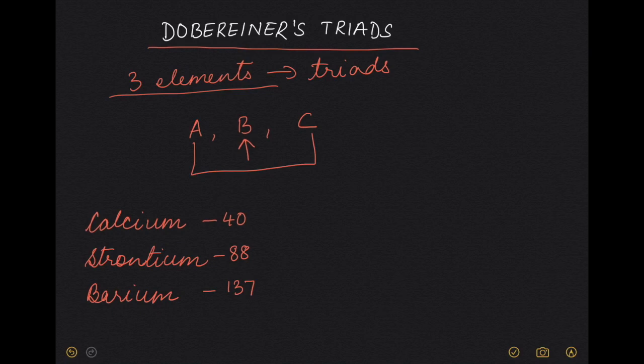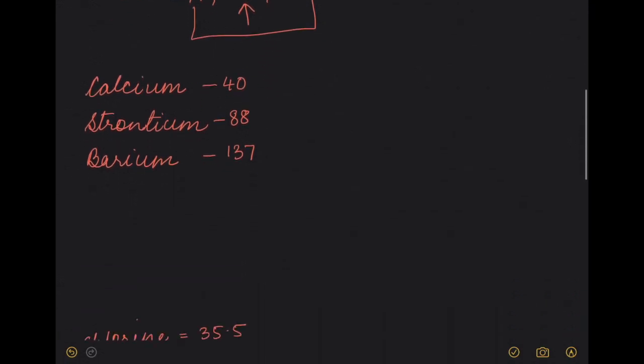So for example, if we take 3 elements, calcium, strontium and barium, you will see that all 3 are metals, and the oxides of all these 3 metals, that is calcium oxide, strontium oxide, barium oxide, were alkaline in nature, and all 3 had valency 2. So these elements had similar properties, so they were put together in a group to form the triad.